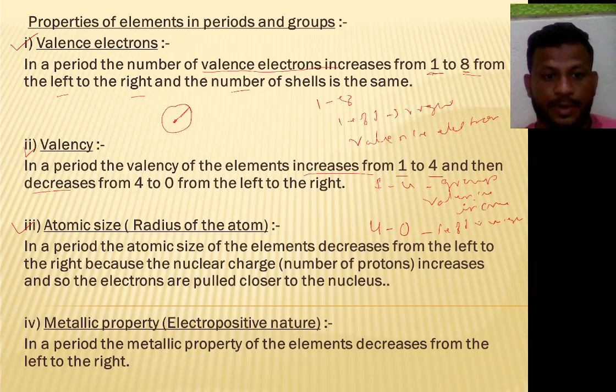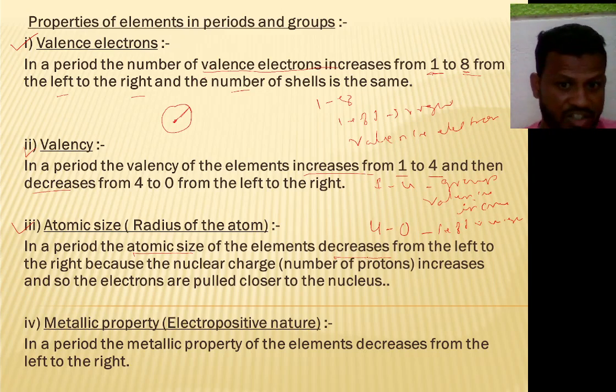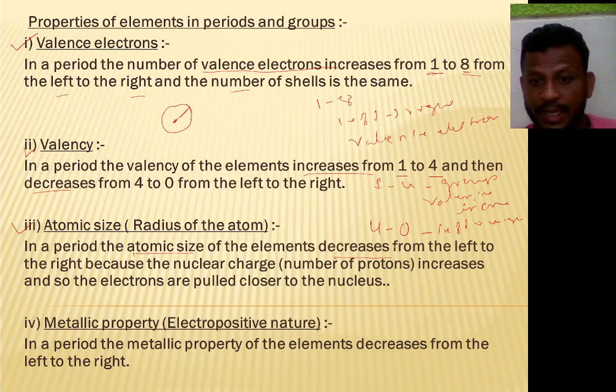In a period, the atomic size of the element decreases from left to right, because the nuclear charge, the number of protons, increases.